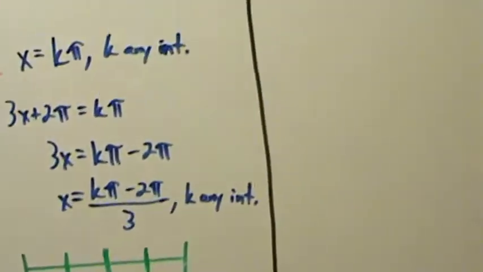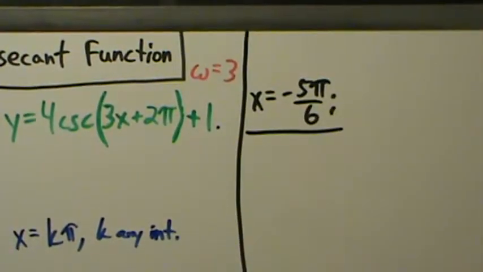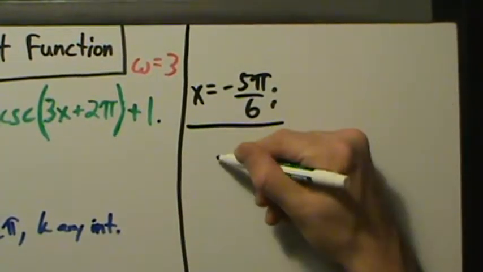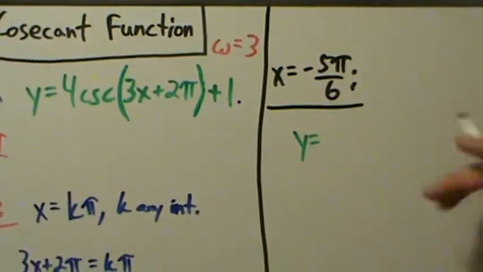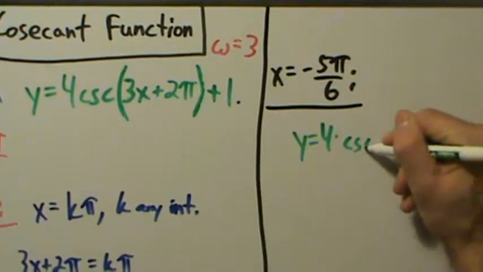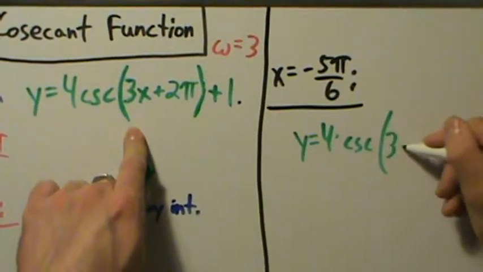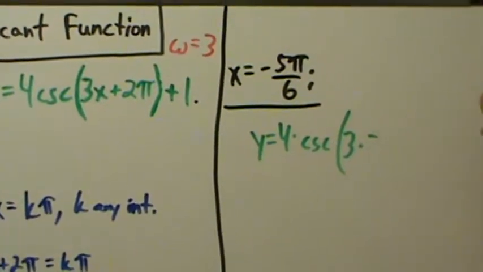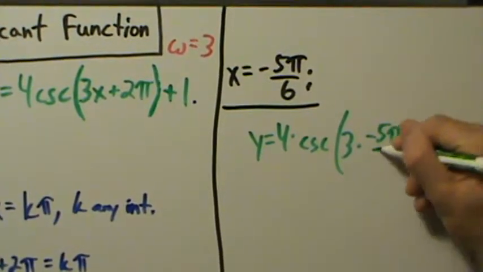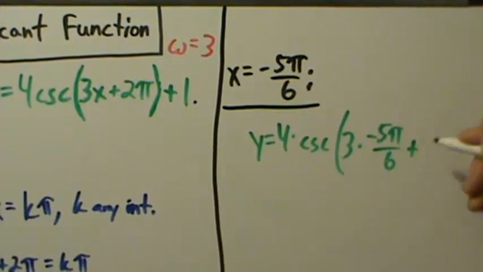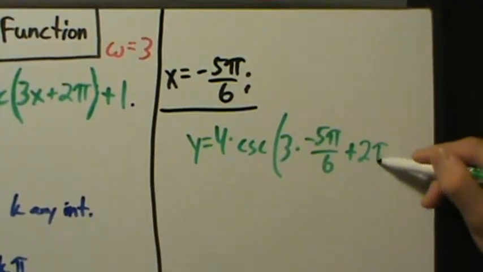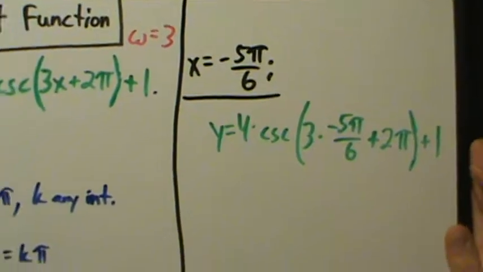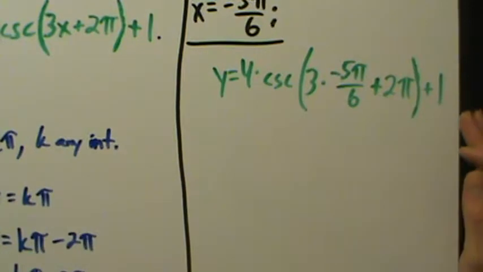So when x is negative 5 pi over 6, we have y equals 4 times cosecant of 3 times negative 5 pi over 6, since x is negative 5 pi over 6, and then plus 2 pi, and then we have a plus 1 out here. It's kind of a mess, so let's simplify that separately.